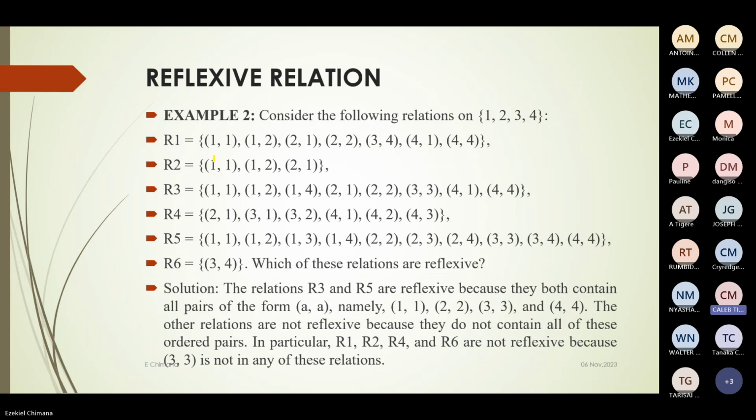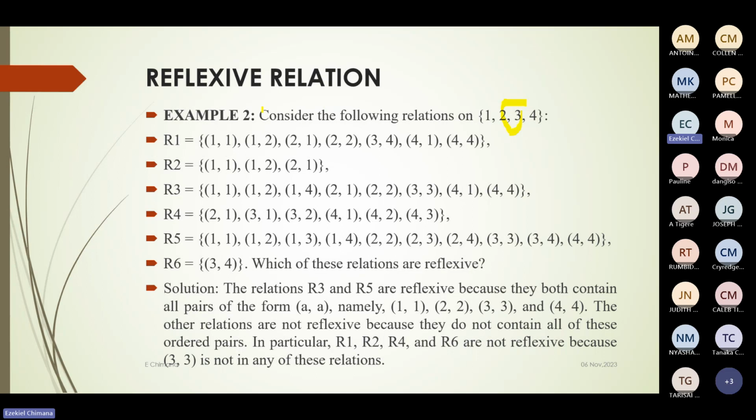But are you saying we do not have a (3, 3)? All right, I now get it. In a reflexive relation, all the elements should be paired to themselves. Yes, because we don't have a (3, 3) there. Thank you.